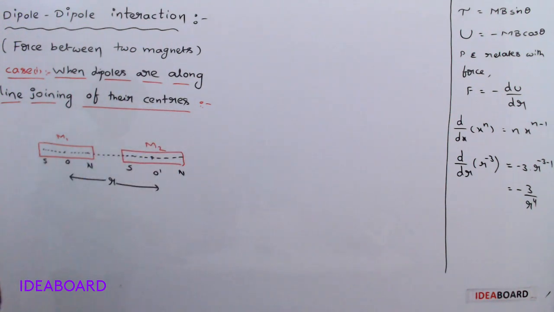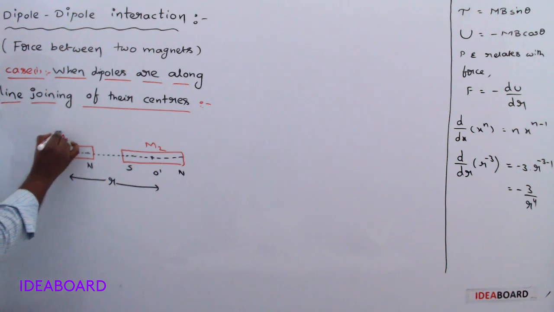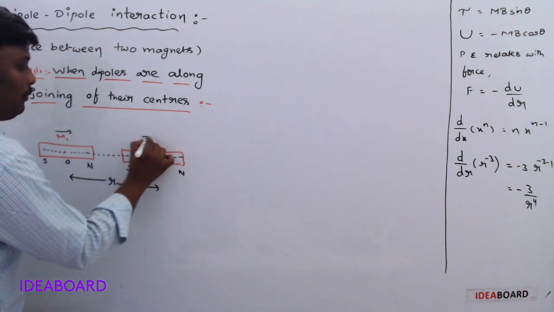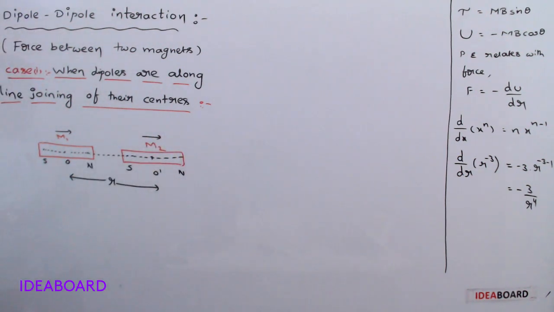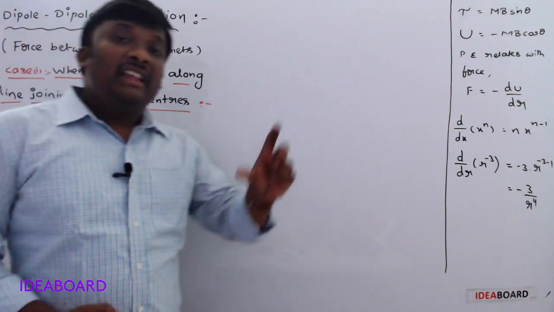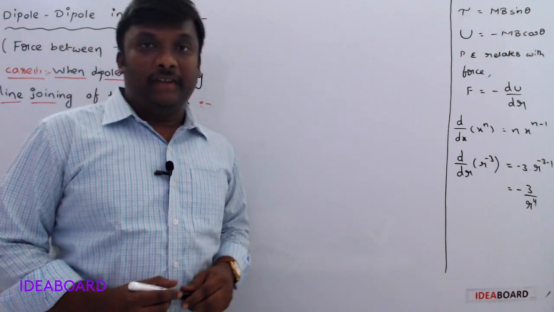Now the direction of magnetic moment. The direction of magnetic moment is always from south to north. So m1 vector acts in this direction, south to north, and m2 vector also acts in this direction. Now we know around a magnet there always exists a magnetic field.